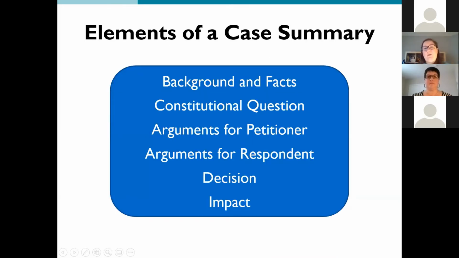Before we get there, though, I wanted to share that all of our case summaries are written in the same format. We're going to chunk out and read some of the case summary as we go through this webinar. All of our case summaries have background and facts, a constitutional question, arguments for either side of the case, the decision, and the impact.